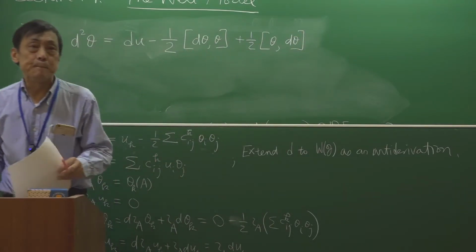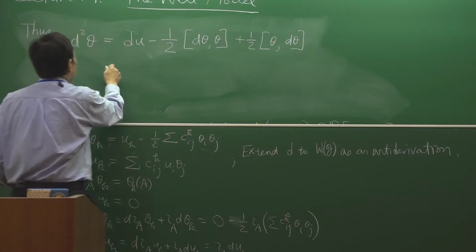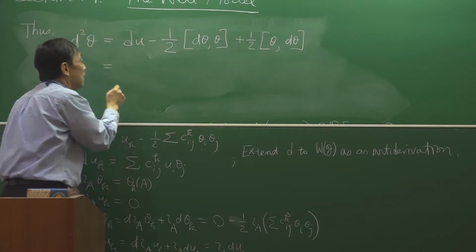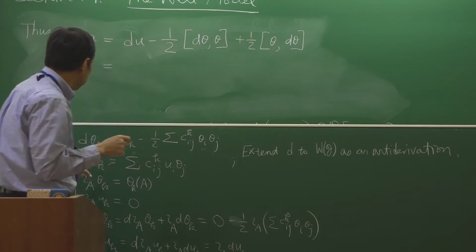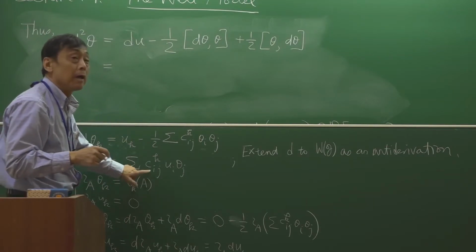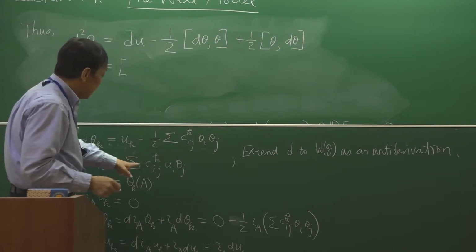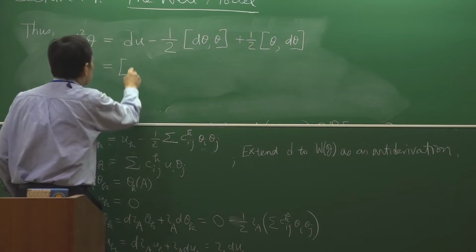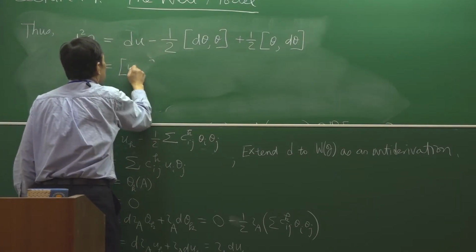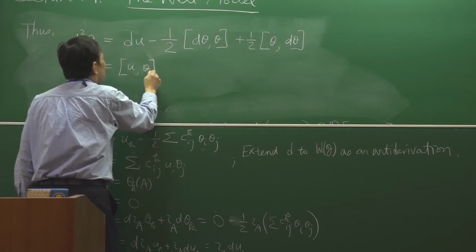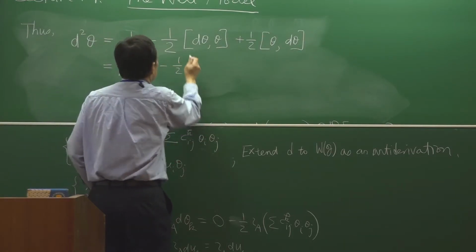Okay. And now du is here. Okay. So du is bracket u theta. Minus 1/2.